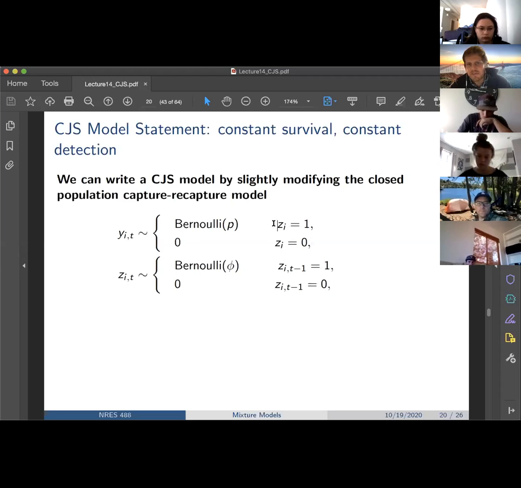If the animal was truly alive, ZI equals 1 means it was truly alive, then we're going to see that animal with detection probability P. But if the animal was truly dead, if ZI equals 0, then we'll never see that animal. We won't be able to see it. We're only going to be able to see it if it's alive.